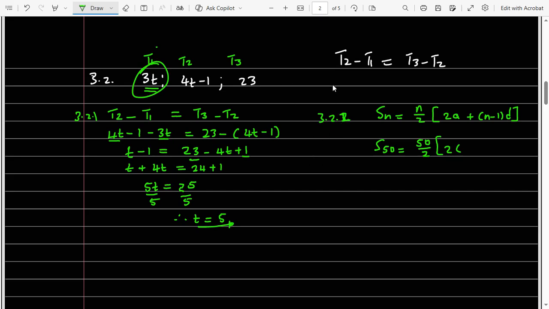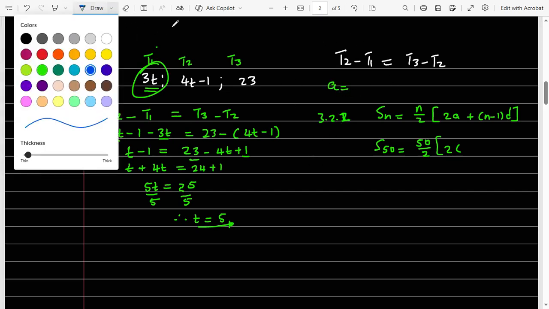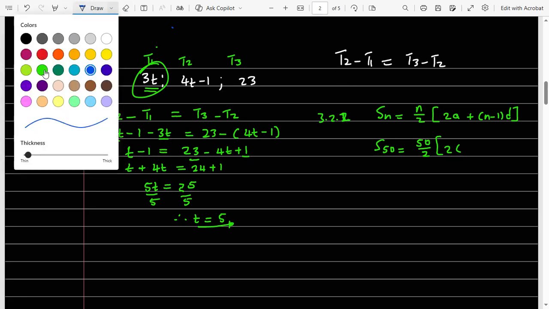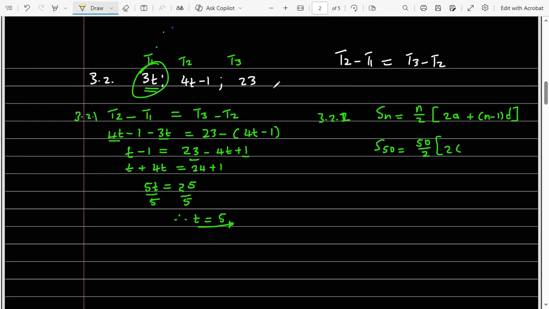So a is equal to 3t, which is 3 times 5, which gives us a to be 15.